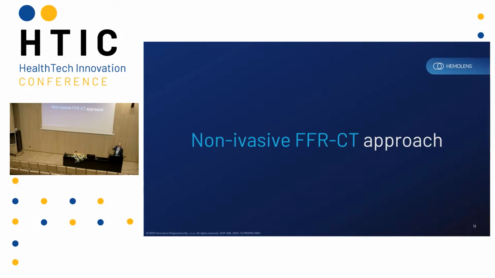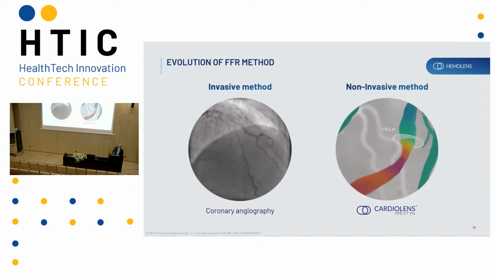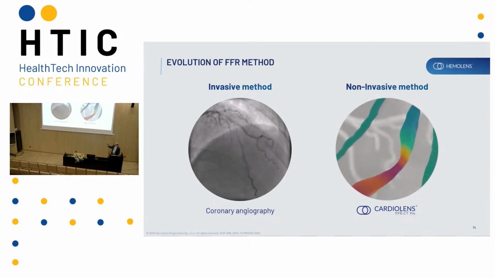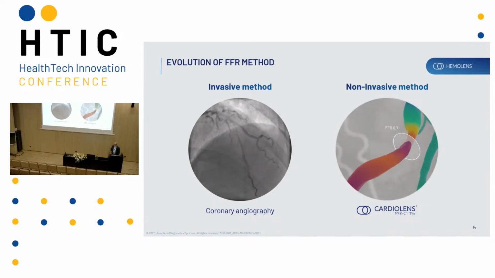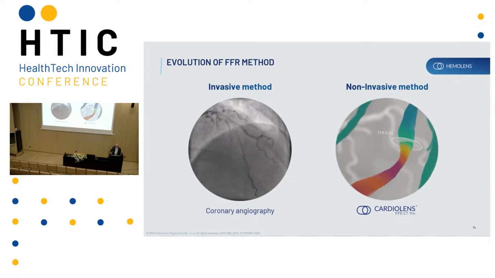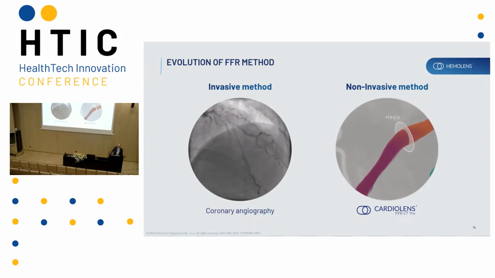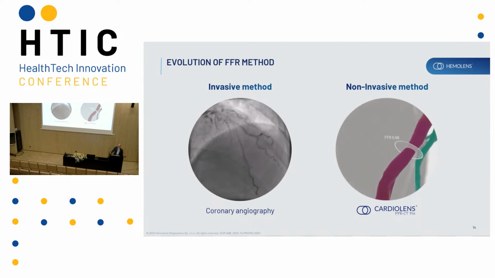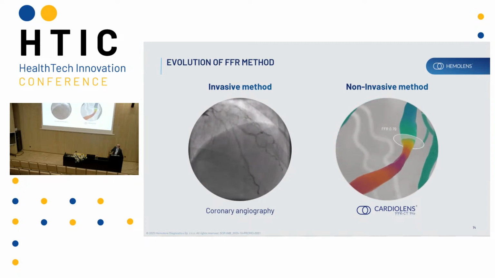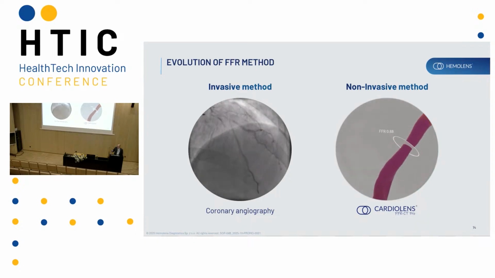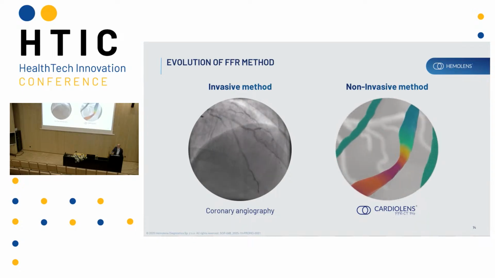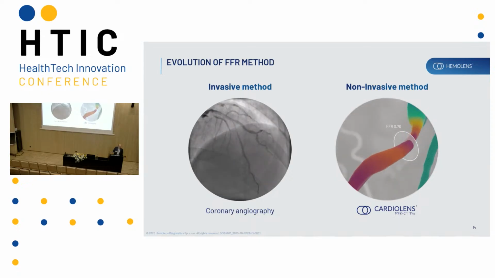Now let's step towards a kind of functional analysis. The invasive fractional flow reserve method is done during coronary angiography when you insert the catheter and then insert the pressure transducer, and you have to measure the pressure downstream, distal to the stenosis, and the pressure in the aorta, proximal to the stenosis.